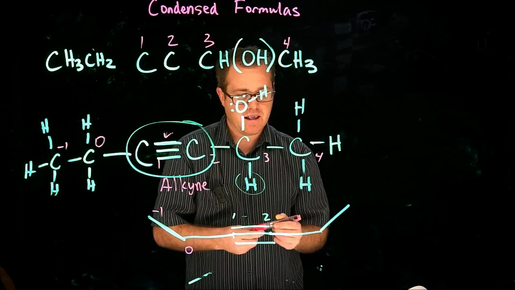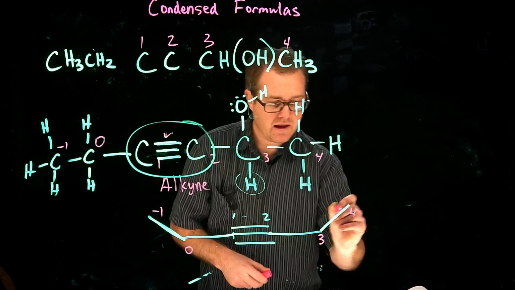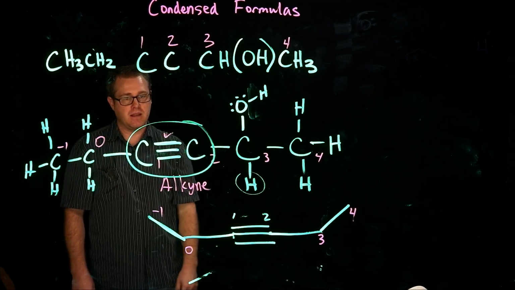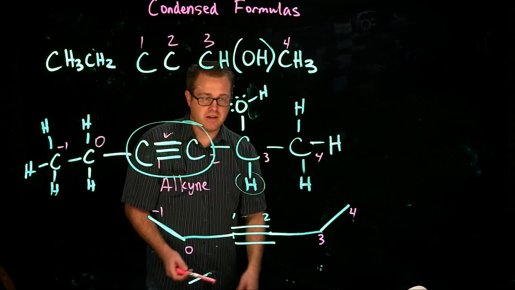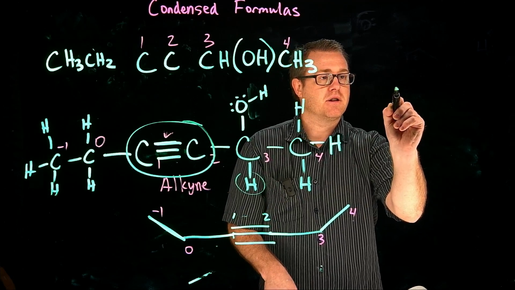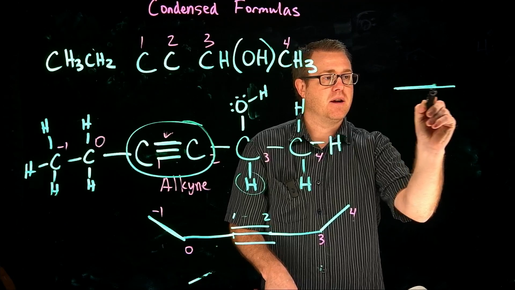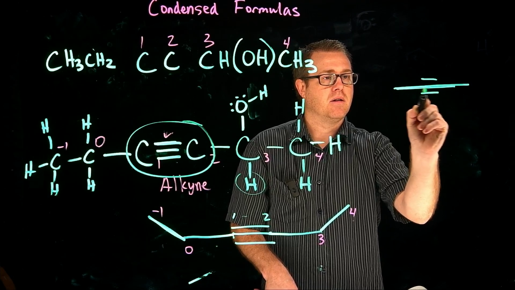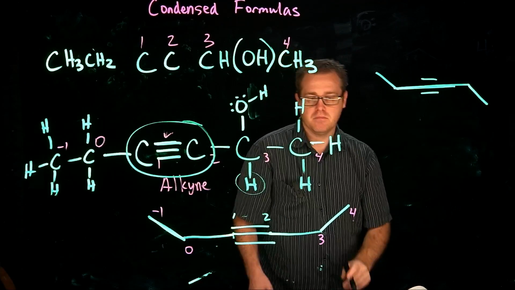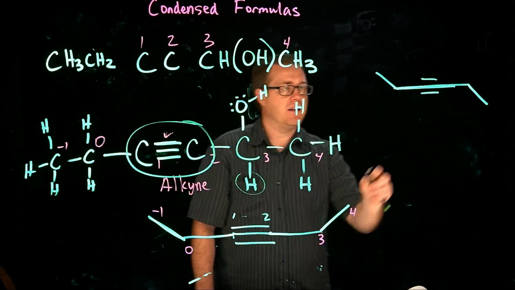So we could say that's carbon 3, and that's carbon 4. And that would be a valid skeletal structure. You could have also drawn the skeletal structure like this. I'm going to draw it a little bit smaller. Like that, okay. That's valid.